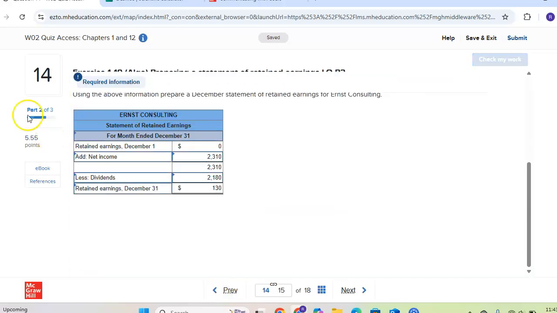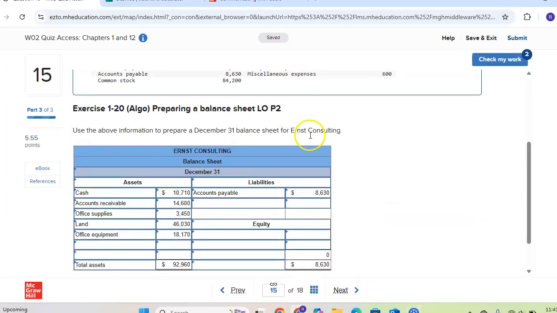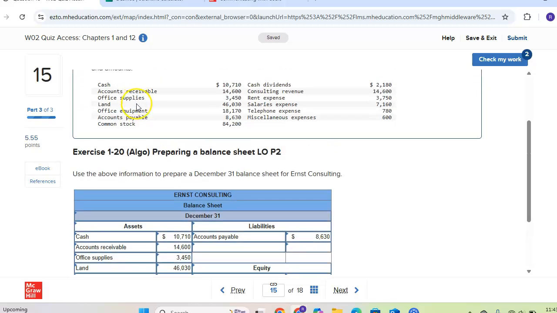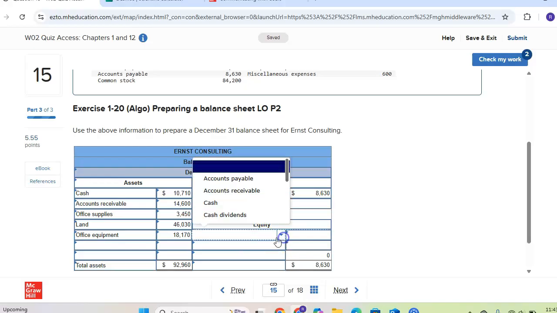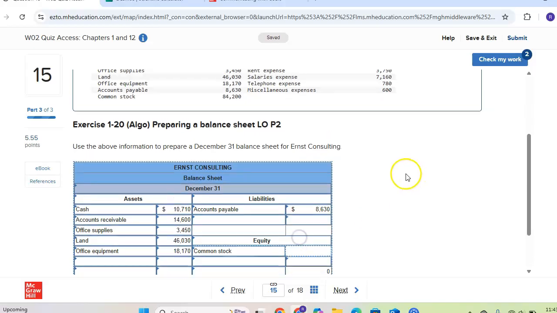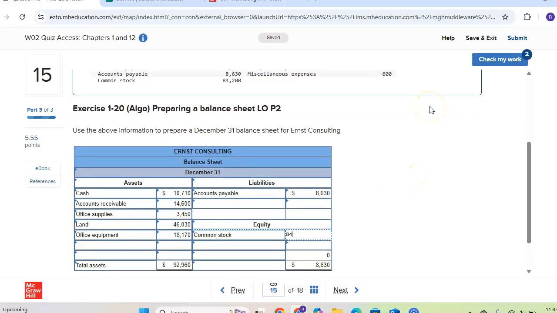In that previous question, we have the retained earnings, which will be a part of the equity. So if we go back to question 15, we'll see common stock, which is 84,200.